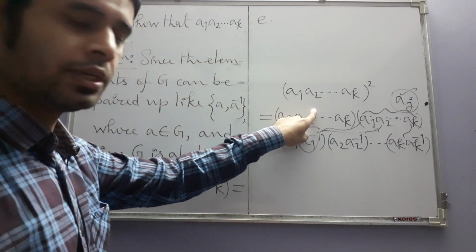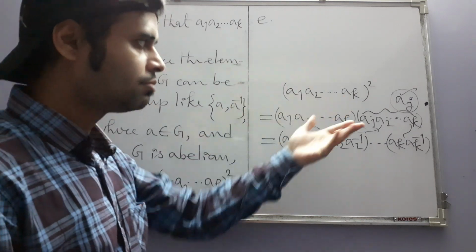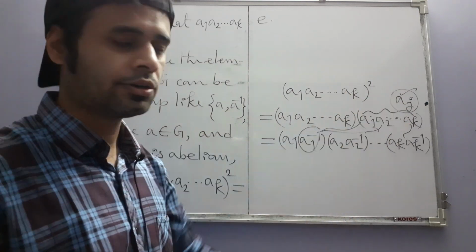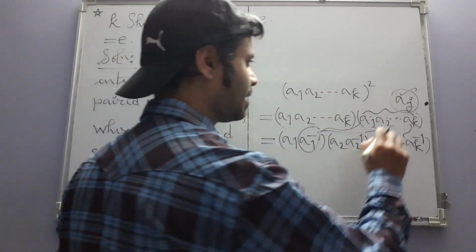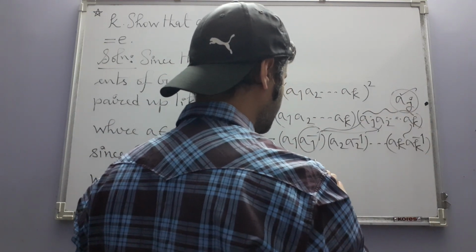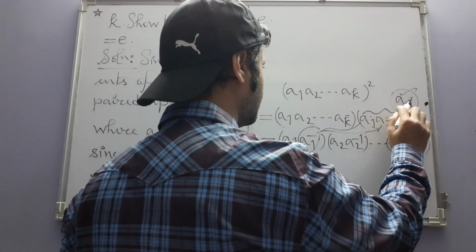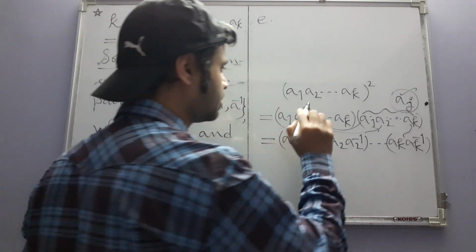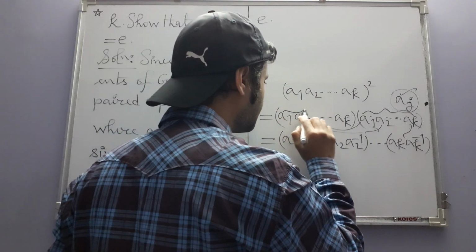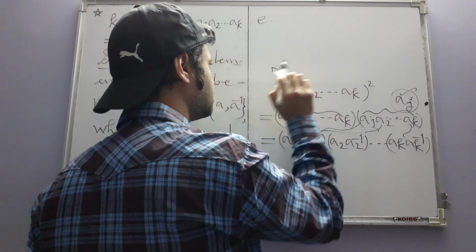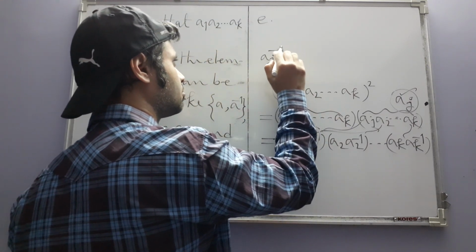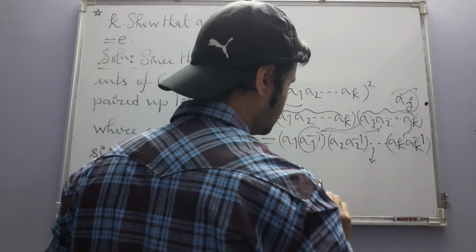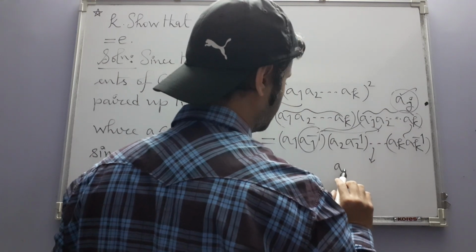Originally AJ already is here and its own inverse is AJ inverse, and that AJ inverse may not be equal to AJ. So this AJ got left out. But actually that will never happen. Let me tell you why. Because AJ itself has its own inverse, since it is also after all an element of G, and that AJ inverse will appear among these first elements, it is present somewhere.